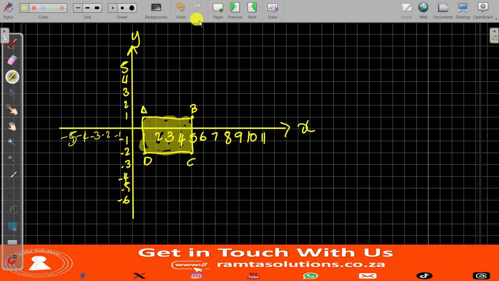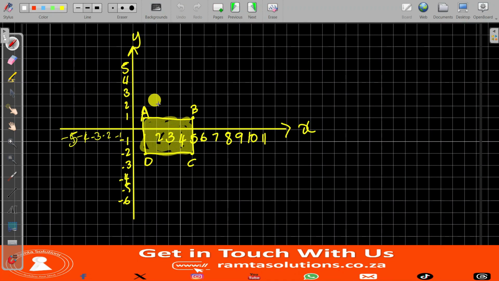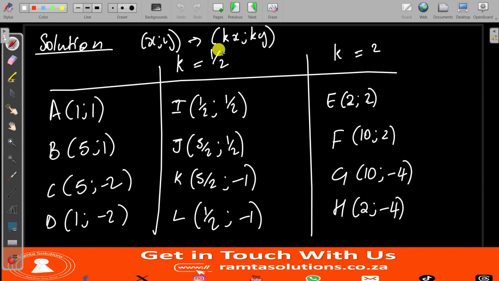Now let's go to the enlargement when k equals 2. If my memory serves me well, E was 2 and 2. Here it is. This is point E. F was 10 and 2.